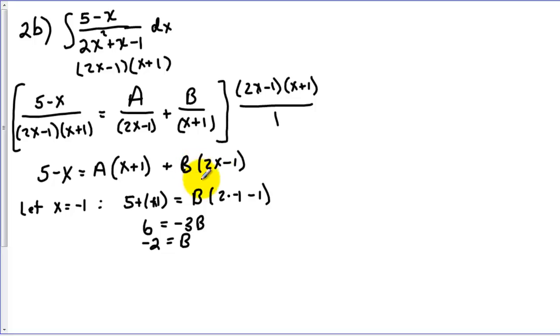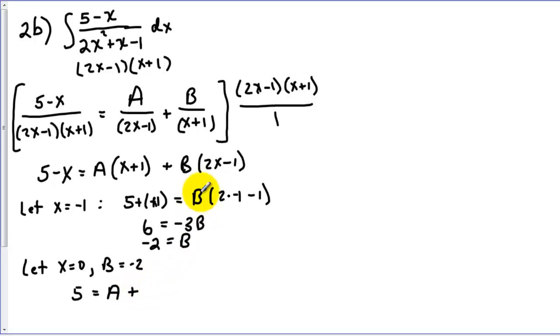Now, to get the b to disappear, I'd have to pick the fraction 1/2, or my other choice is to pick a friendlier version of x, which I'm going to pick 0, but then we can also substitute in -2 for the b. So if we use this substitution, I've got 5 minus 0 is 5. And I put 0 in for the x, so I have a.